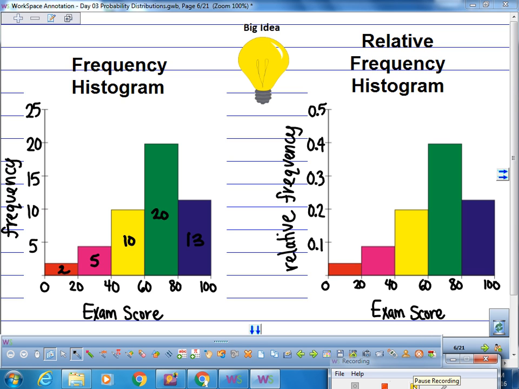Did we remember the word we used yesterday? Interval. Good. So the intervals are even, each interval is the same, counted by 20, 20, 20, 20, 20. What else makes it a histogram? Caleb? The bars touch. Good. Perfect. We're looking at data.